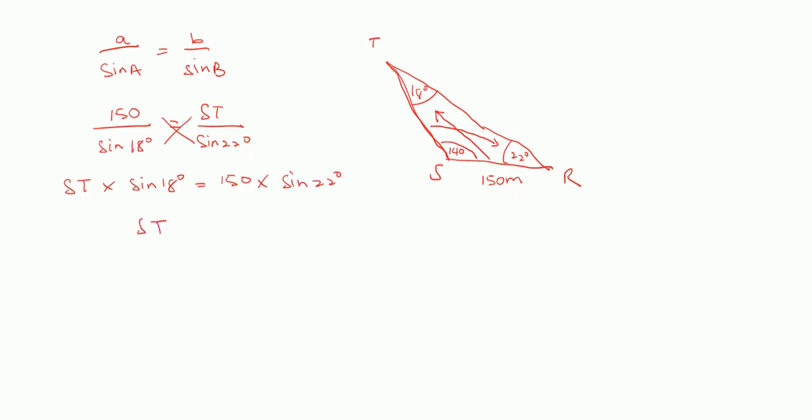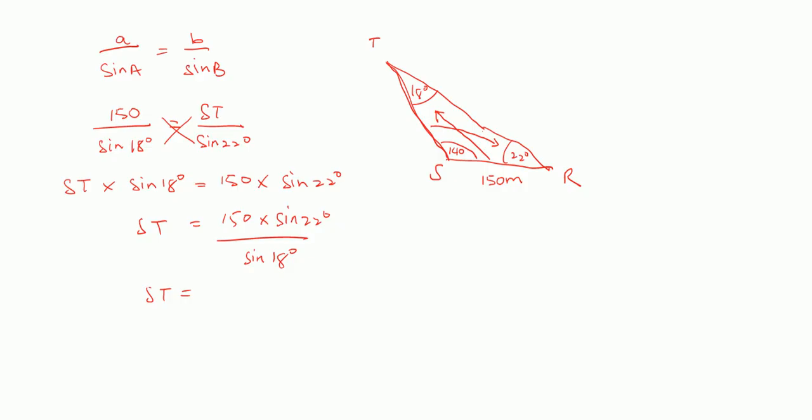Therefore ST is equal to 150 multiplied by sine 22 degrees over sine 18. Some students can work this out on a calculator in one go. You can work out the top first and then the bottom, it doesn't really matter.